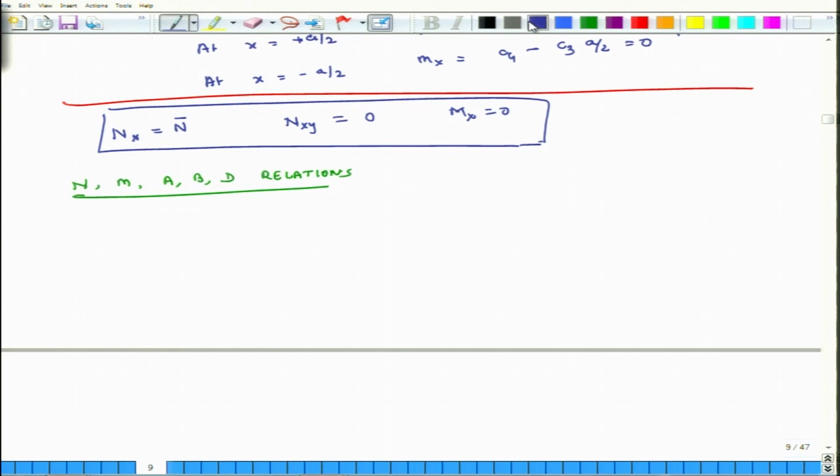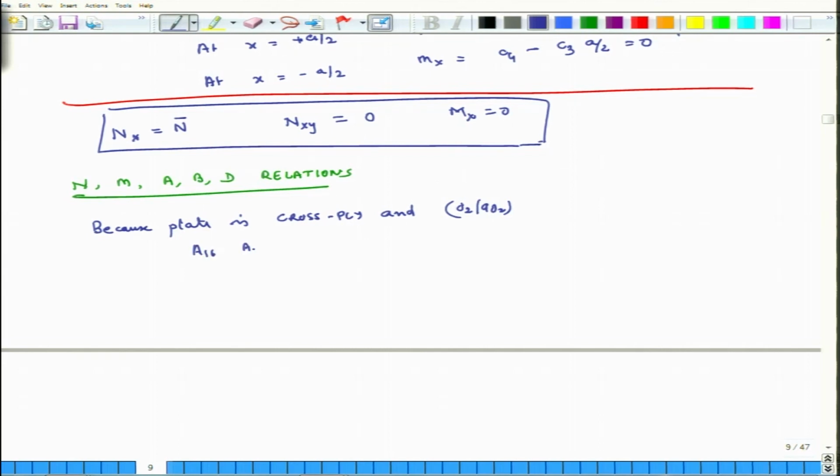And before we do that, we note that because the plate is cross ply, 0/90s, a lot of terms in ABD matrices are 0. What are these terms?